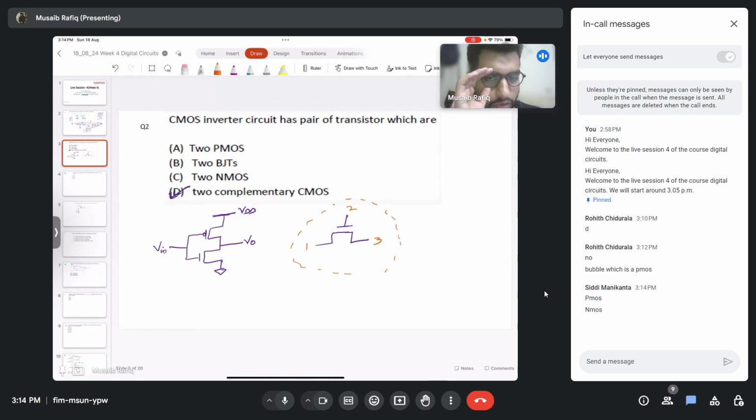Now I have a question for you guys. What is 2, what is 1, and what is 3? Which terminal is 2, which terminal is 1, and which terminal is 3? Actually, there is a fourth terminal also, but I haven't shown it here. Let's just concentrate on 3 terminals first.